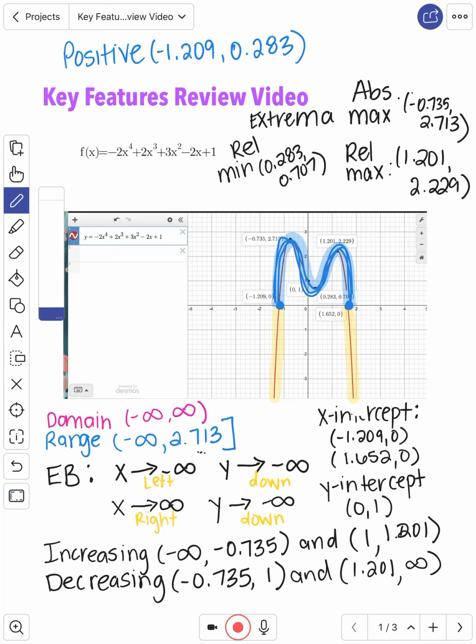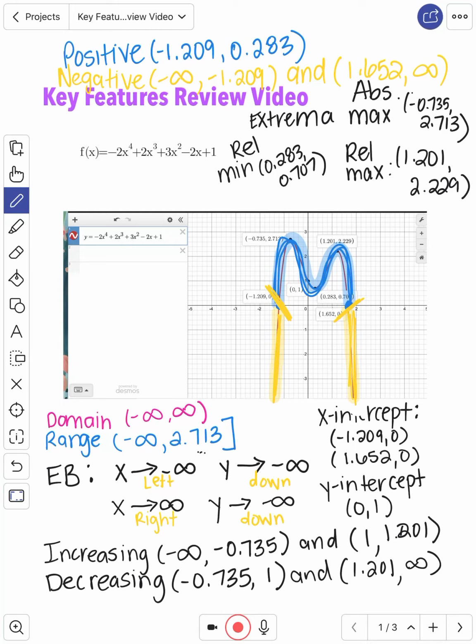All right, and negative. So negative is in two separate sections, so we're going to have to write it as such. So my negative is everything from negative infinity to negative 1.209, because that's that x value cutoff right there. And it's negative right here from 1.652 to positive infinity, because it's all the rest of this down here.